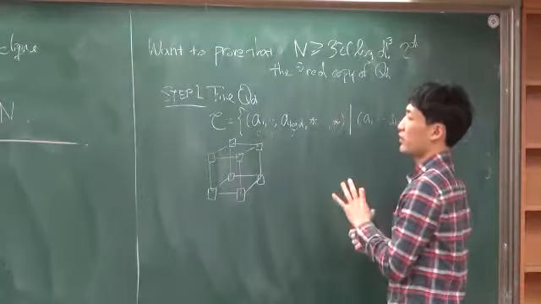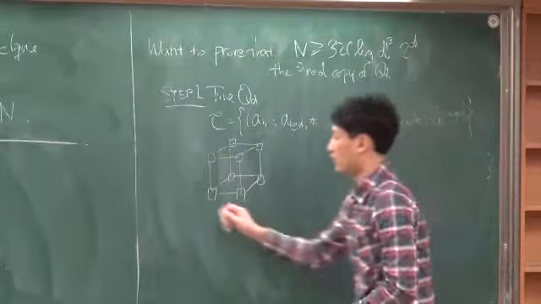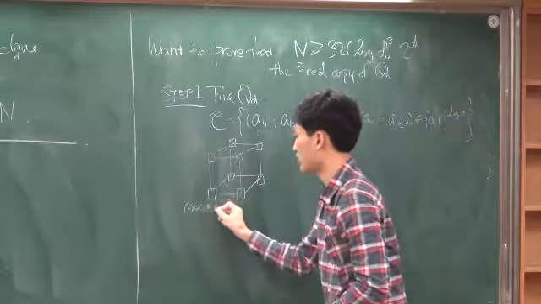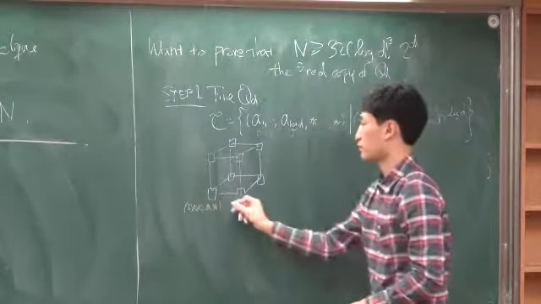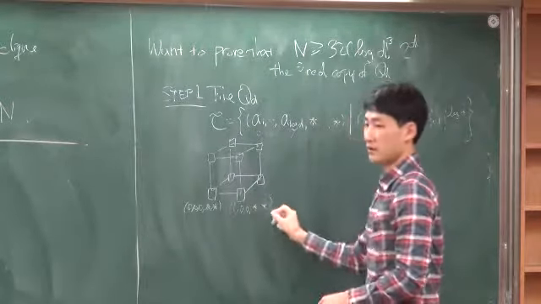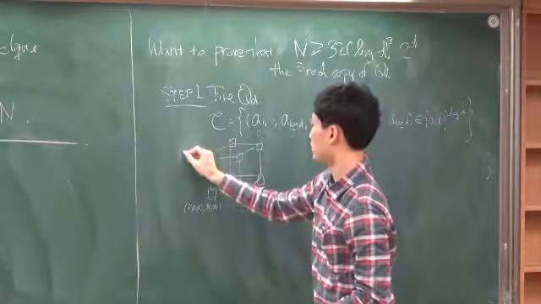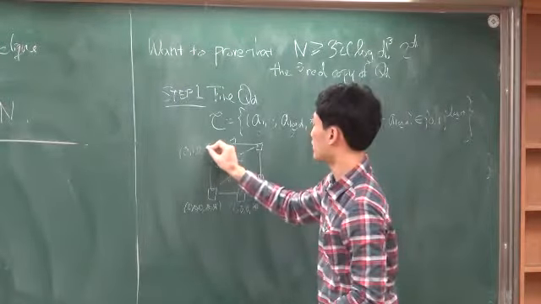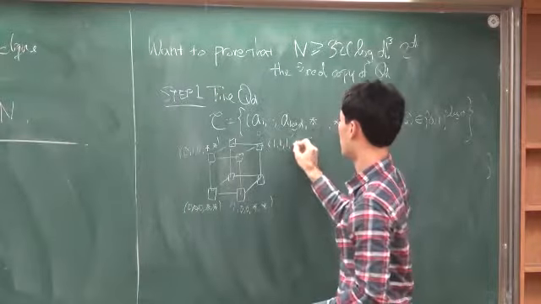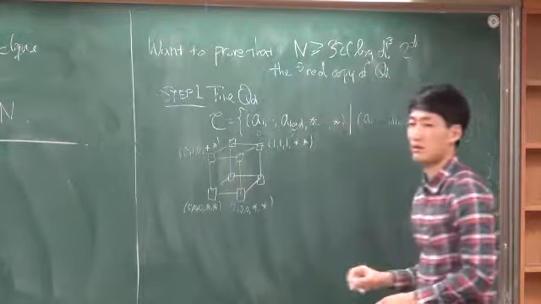Because of the cube's recursive structure, for example, this will be 0, 0, 0, star, star. This will be 1, 0, 0, star, star. This will be 0, 1, 0, star, star. That will be 1, 1, 1, star, star, like that.